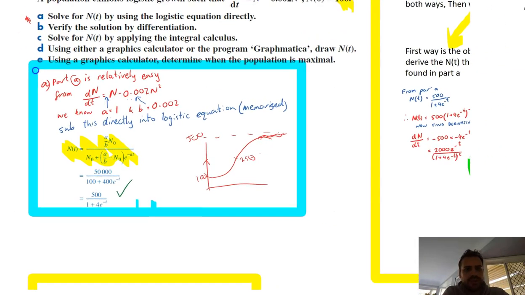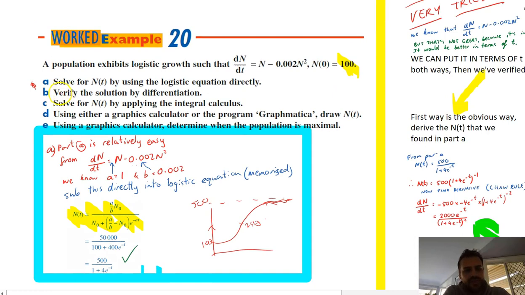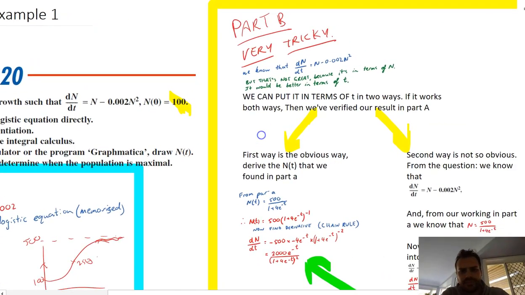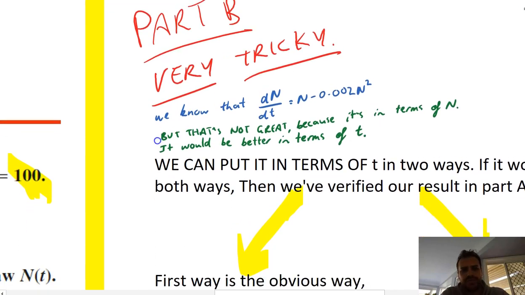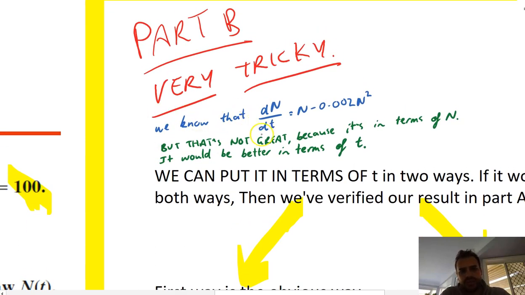Part B is where we got stuck. Verify the solution by differentiation. So let's jump over here. Now, I did talk about this in the previous video. We know that the change in N with respect to t is equal to N minus 0.002 N squared.